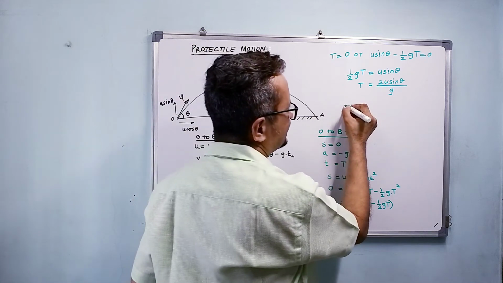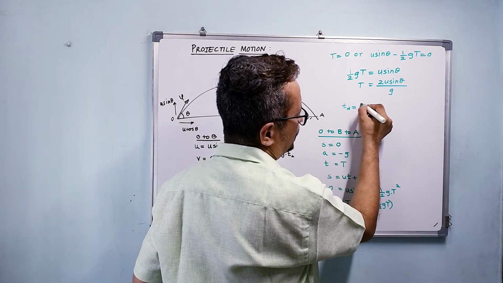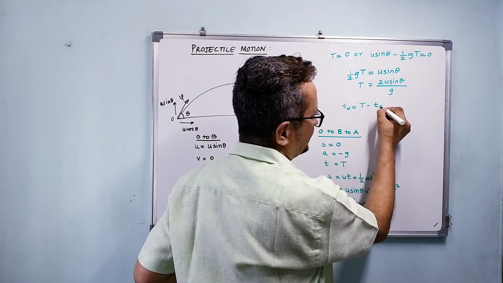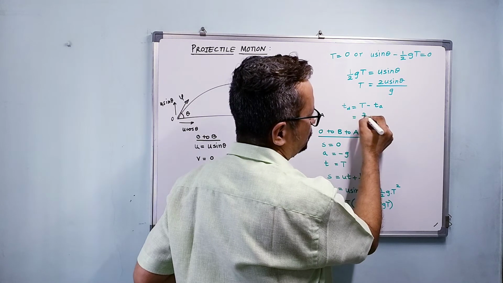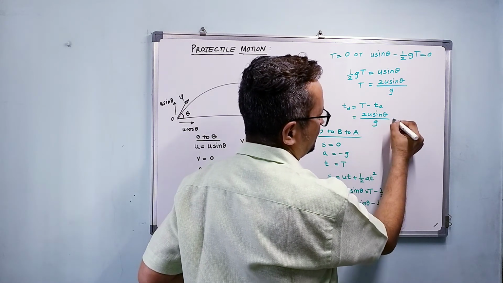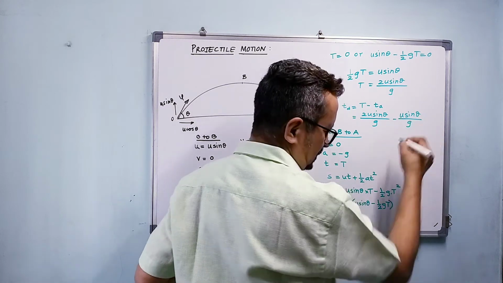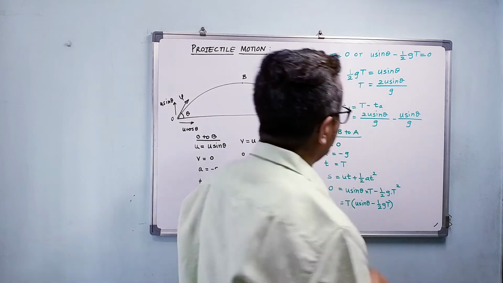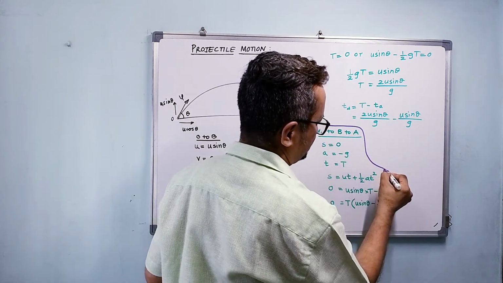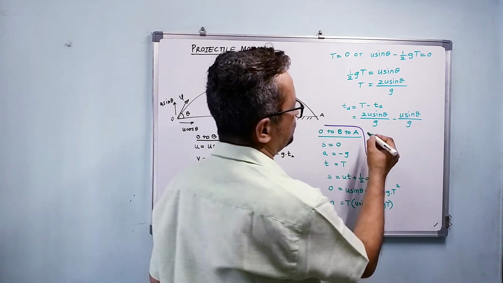Then time from here to here would be the difference between those two, isn't it? So time of descent is equal to total time of flight minus time of ascent, and that is equal to 2u sine theta over g minus u sine theta over g, and I'm going to just put this line here so that it doesn't become confusing.